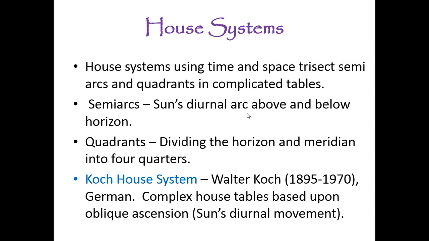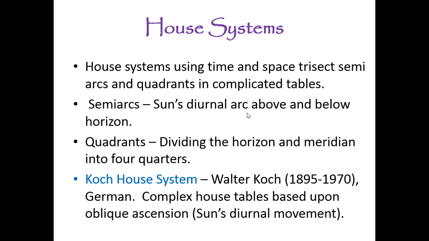House systems use space and time, trisecting semi-arcs and quadrants in complicated tables. Semi-arcs: the sun's diurnal arc above and below the horizon. So remember, diurnal is that Earth rotating on its axis, and it appears like the sun's traveling around us.